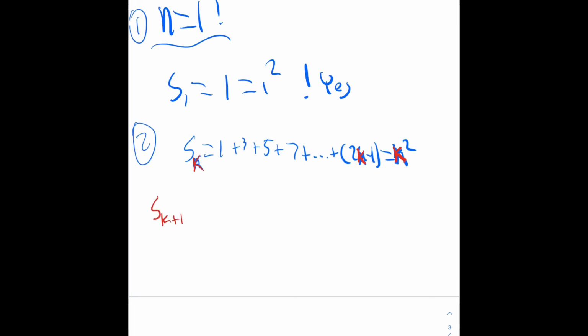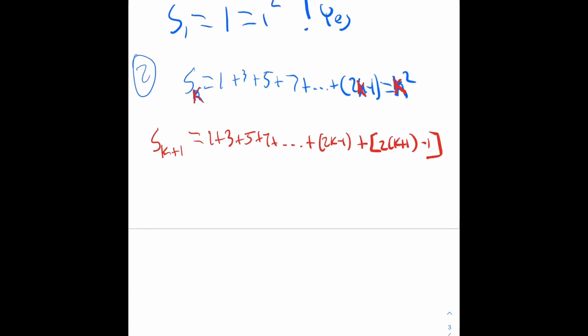All right. So now we're going through and we say, now I want to prove k plus 1. I want the next term. So again, I still am going to have 1 plus 3 plus 5 plus 7. But now I'm going to have 2k minus 1 plus 2k plus 1 minus 1 over here.